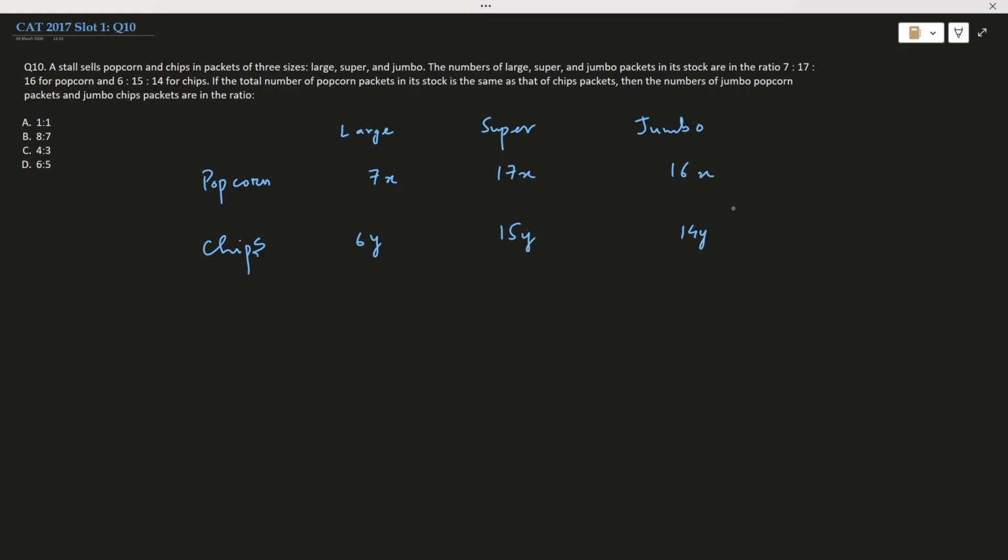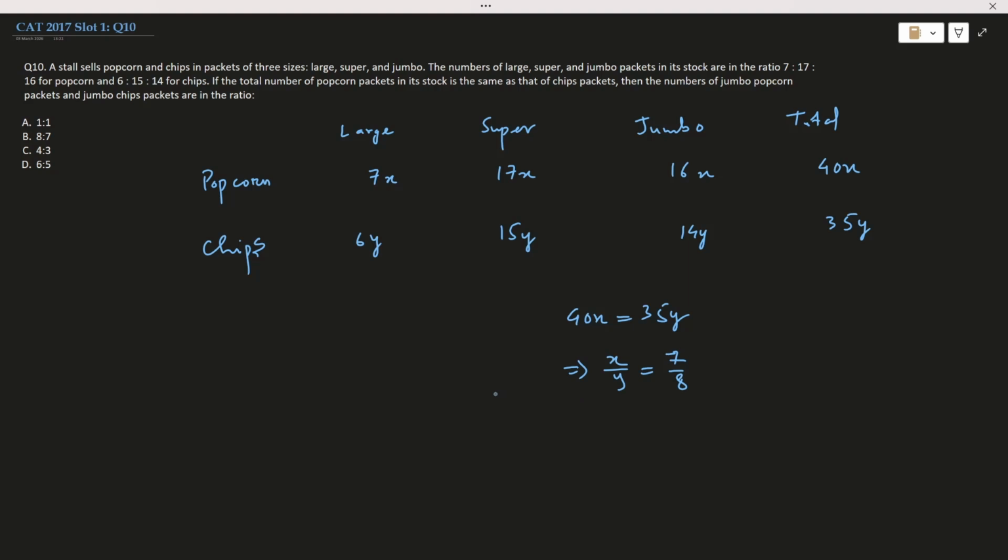Let's say the total number of popcorn packets in stock is the same as that of the chips packets. What is the total? This is 24, so 40x, correct? And this is basically 20, 30, 35y. We are told that 40x equals 35y. I can say x by y equals 7 by 8.